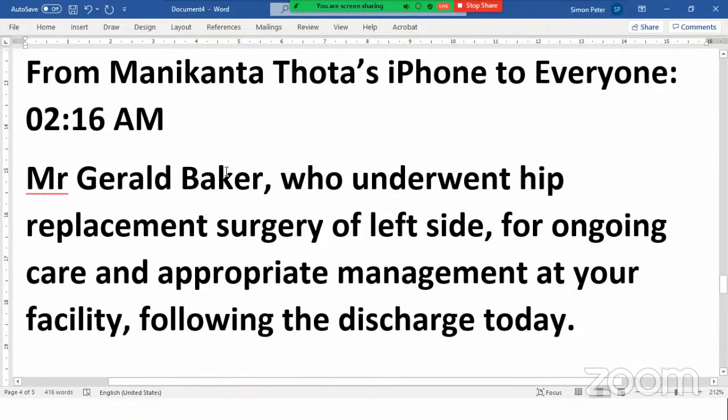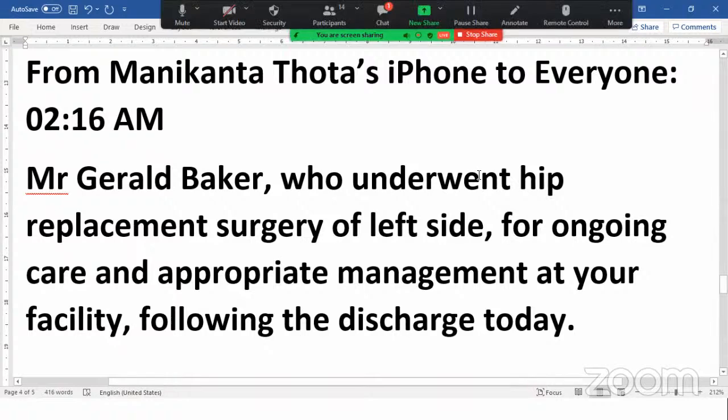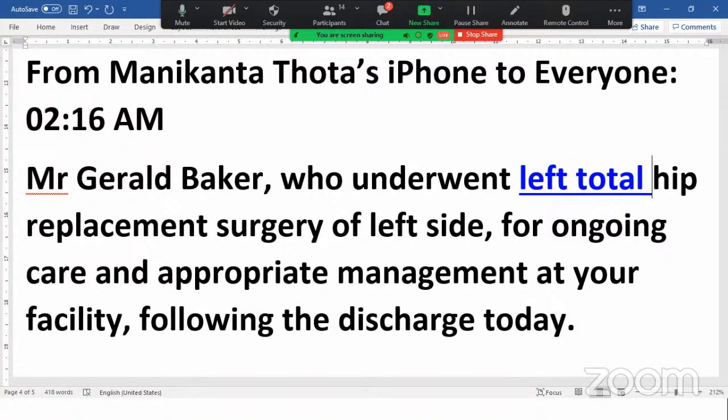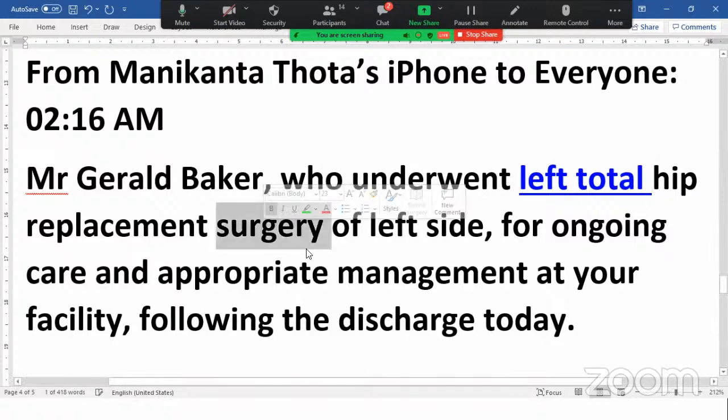Mr. Gerald Baker, who underwent left total hip replacement surgery. When you write surgery, you won't write A. But when you remove surgery, replacement is A replacement.